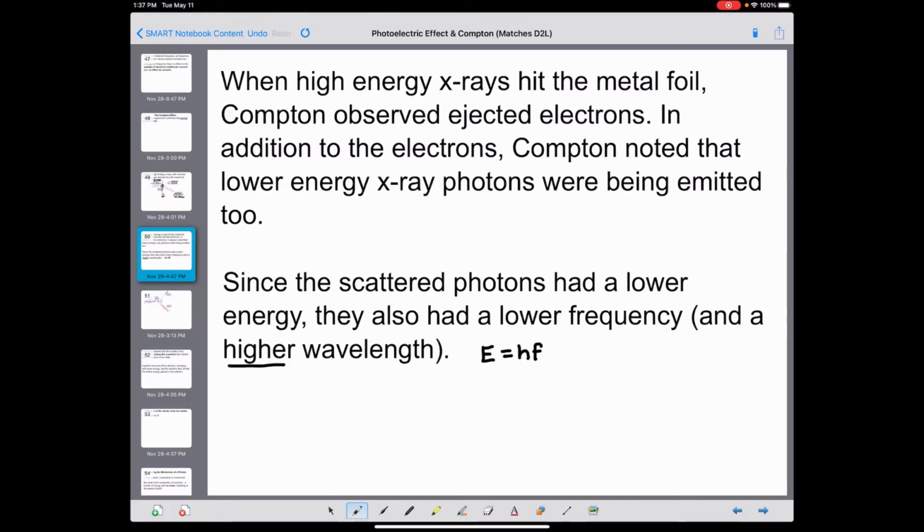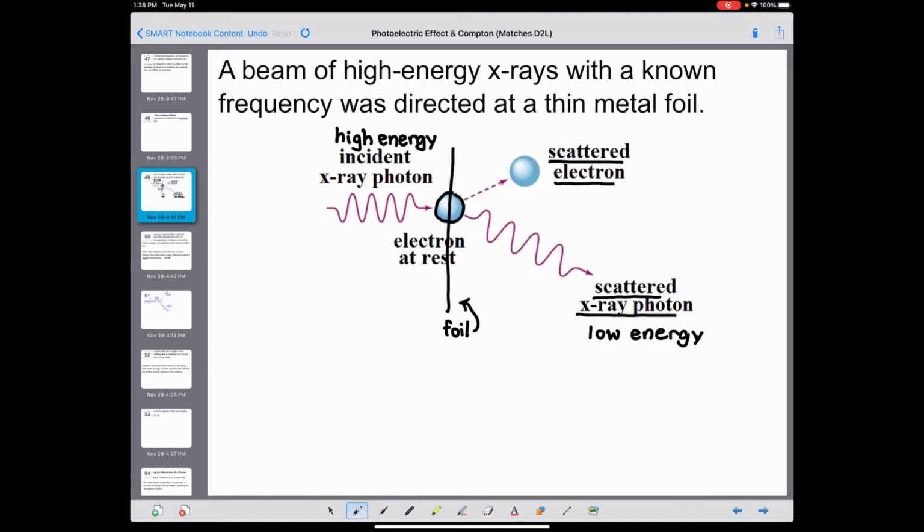When one goes down, the other goes up. So going back here for a second, the low energy photon has a low frequency, but a high wavelength, and the high energy photon has a high frequency and a low wavelength.